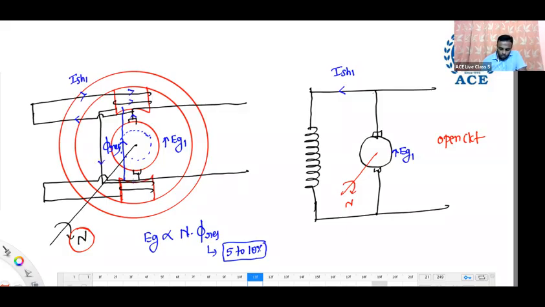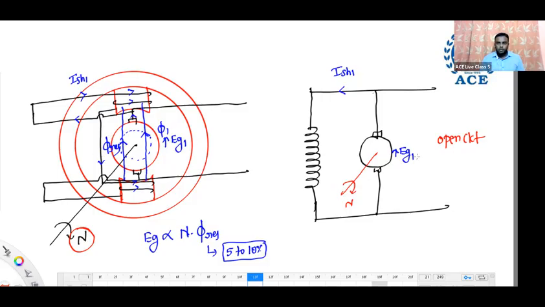This is the path of current in the field winding. Now due to the field current, observe the current direction. Apply your right hand thumb rule there. Whatever field current is flowing, it will produce an additional flux. Now that flux is also coming in the same direction as the residual. This is phi1.